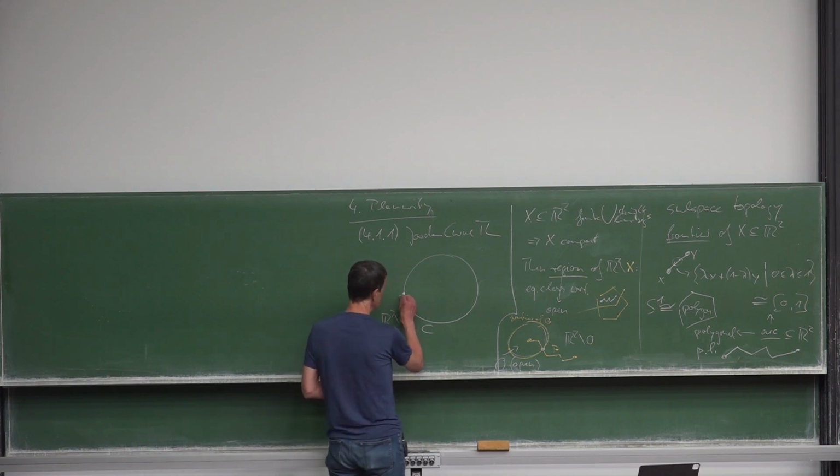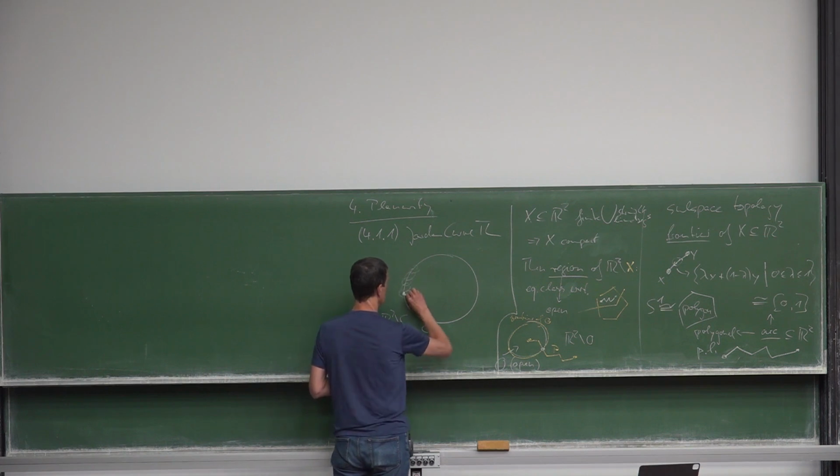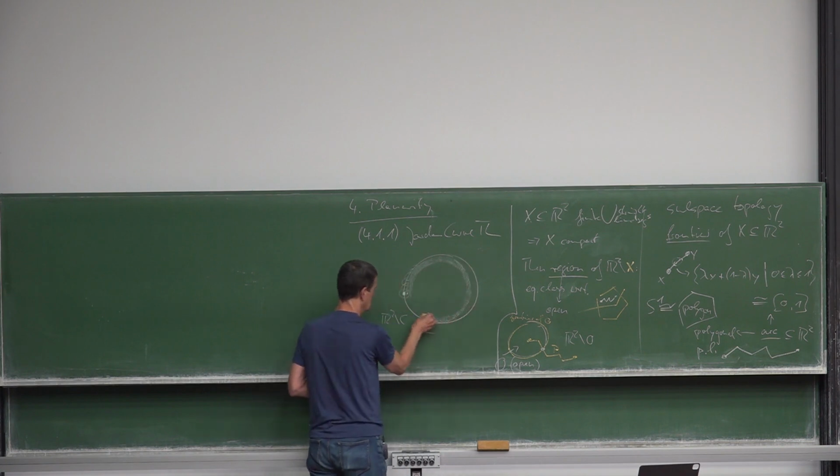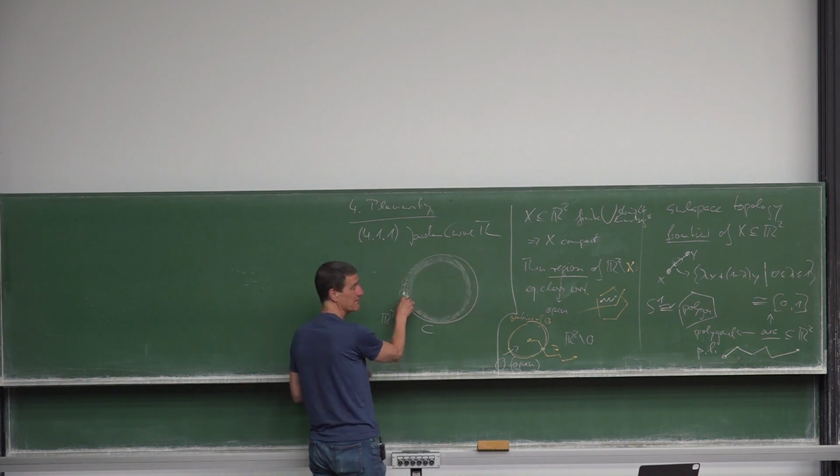And the way you prove that is, well, you take a point and you go a little bit to the right, and then you follow this round until you get back there.